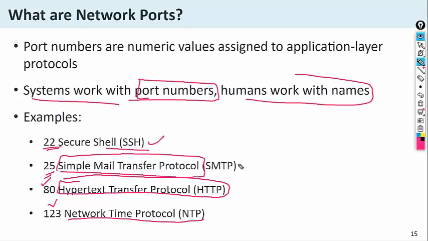So SSH, SMTP, HTTP, NTP are names that humans can identify easily, but these are the ports. Maybe humans cannot remember these ports, but the system works based on these port numbers.